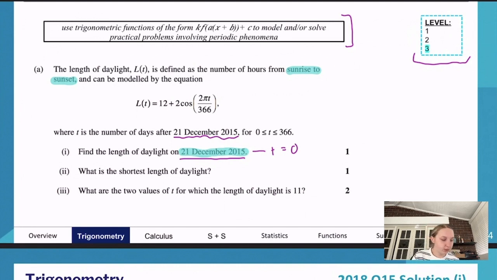Okay, so then we want to be looking at, for part II, what is the shortest length of daylight?